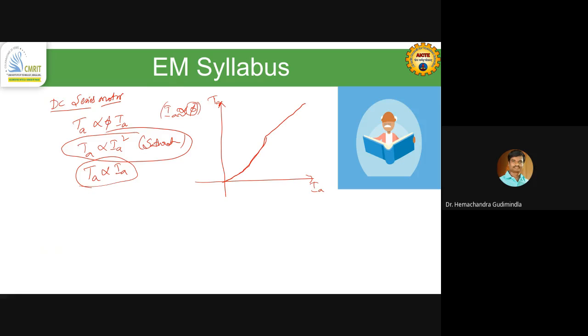Now speed versus Ia. Similarly, N is directly proportional to Eb by phi. So now if we are changing the Eb for load currents, small load currents, phi will increase, and as well as Ia also increases.